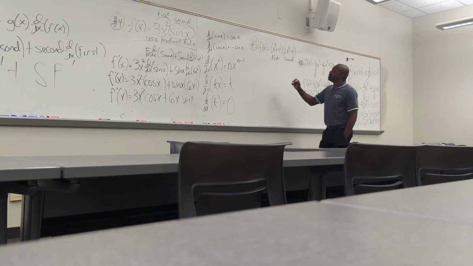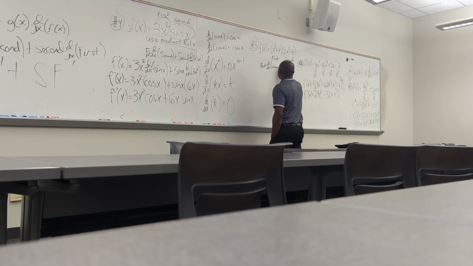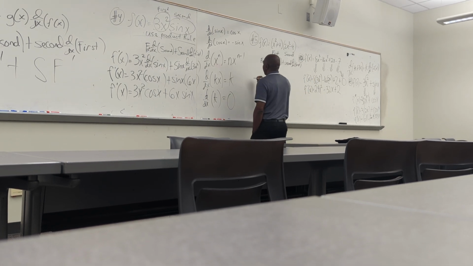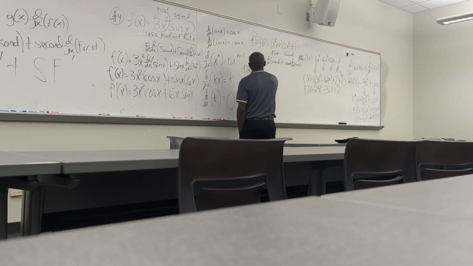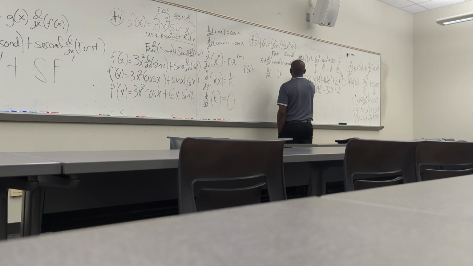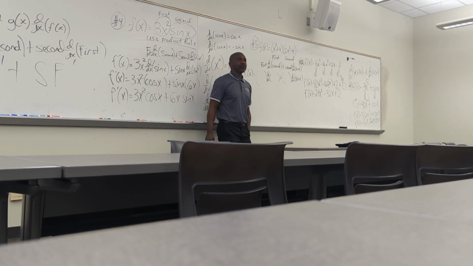And the product rule says that's like being the first times the derivative of the second, and then plus the second times the derivative of the first. And this is nothing more than substituting the formula.